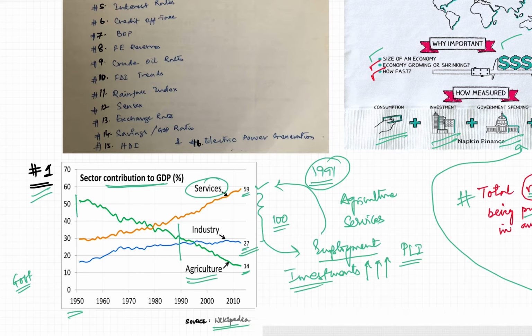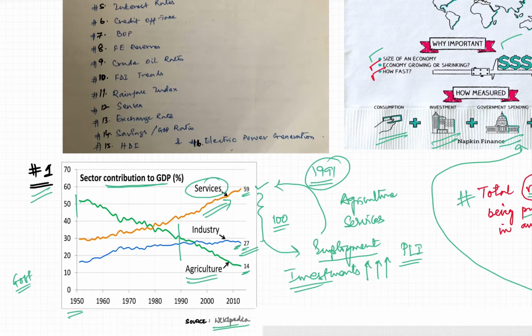Meanwhile, agriculture has come down. Industry has been stagnant, but it has been growing. Here it is seeing a slight dip because of weak currency. Otherwise, this industry is growing at a consistent pace, whereas there has been a rapid rise in the service sector.